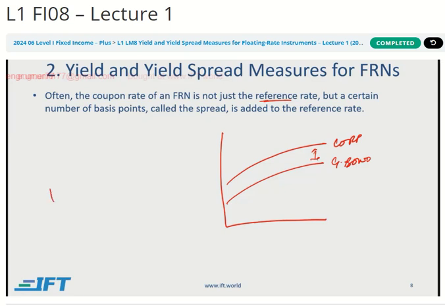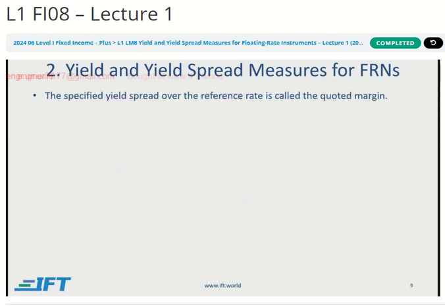Similarly, even in the case of your floating rate note, they offer the benchmark, the MRR, whatever that MRR is, plus the spread. They also offer a spread, or we call it a margin, a quoted margin, right? And it's very, very important to understand this.